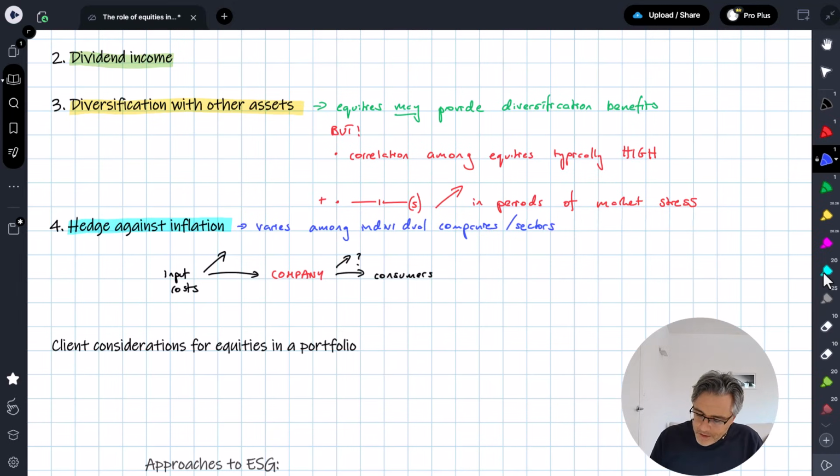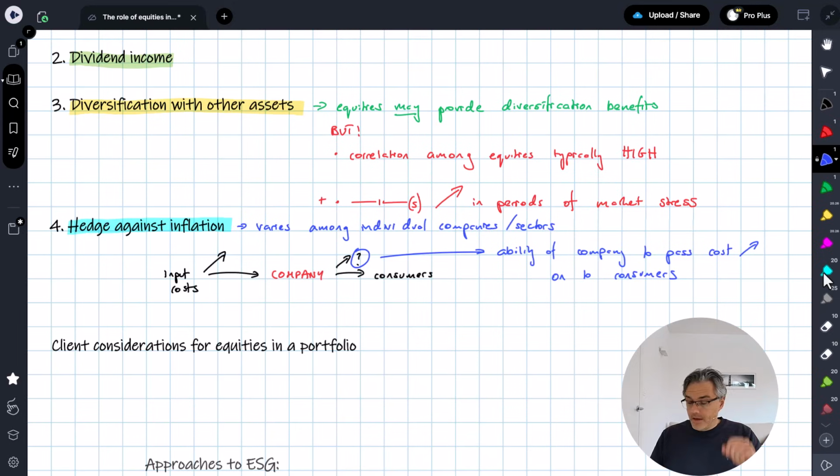So it all boils down to the ability of the company to pass the cost increases on to the final consumer, right?